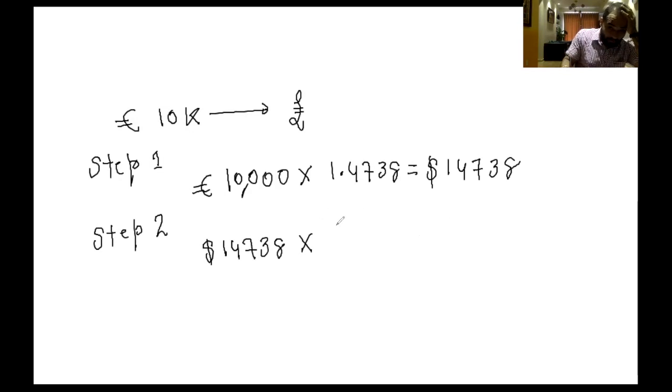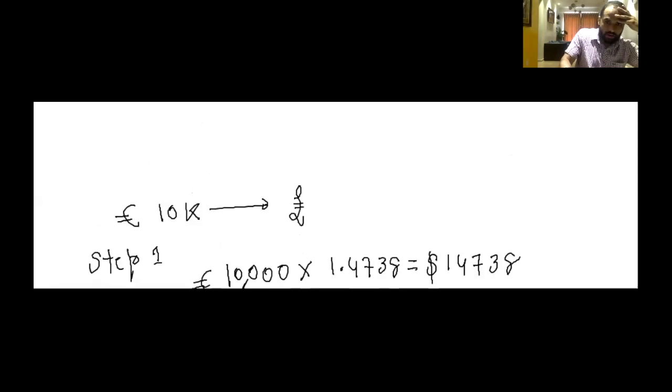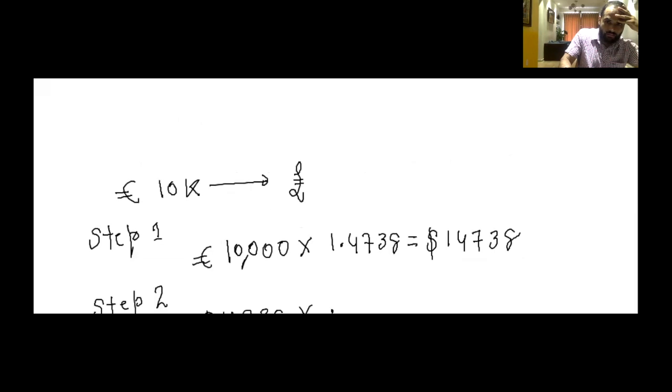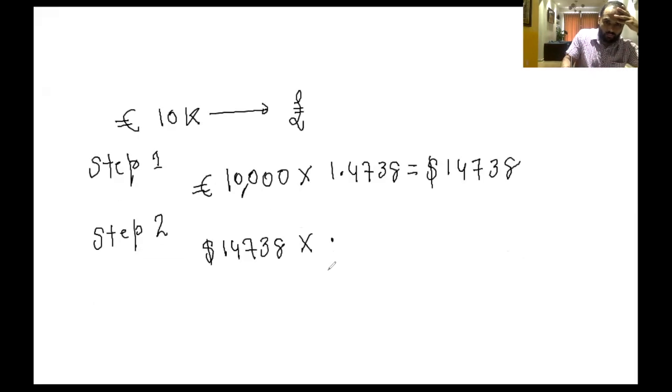So we are doing the same thing. So one divided by, no, we are using direct quotation. So what is the exchange rate? 0.5072.